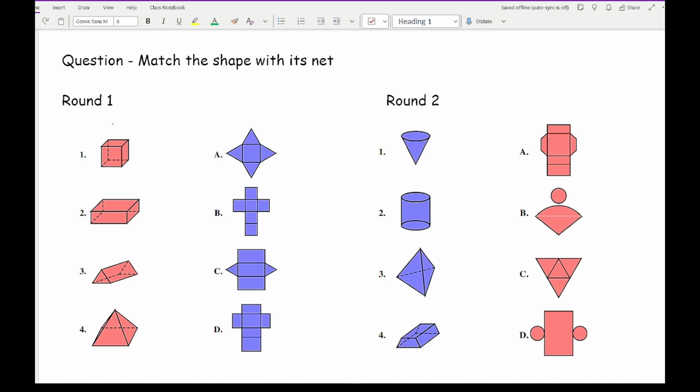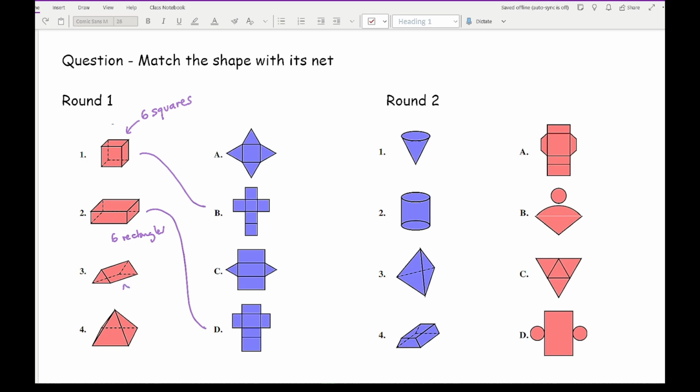So for the first one, we've got a cube. So what we're looking for is, in this we've got 6 squares. So we're looking for a net that's got 6 squares, so that one is going to be B. With 2, we've got a cuboid, so here we're looking for 6 rectangles. And the net with 6 rectangles is going to be D. Then with 3, we've got a triangular prism.